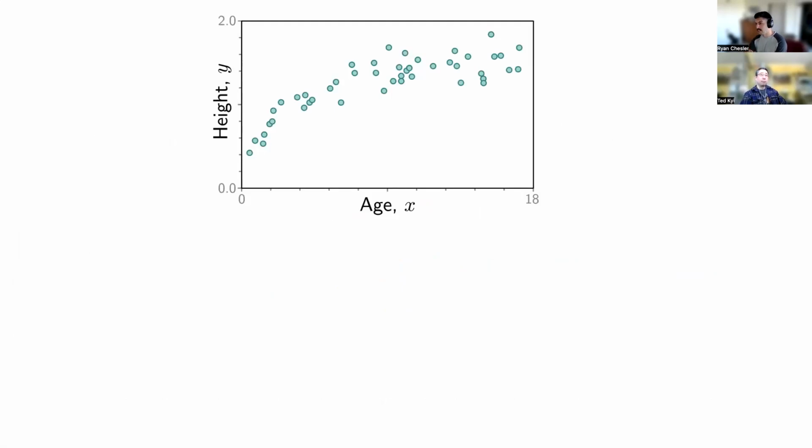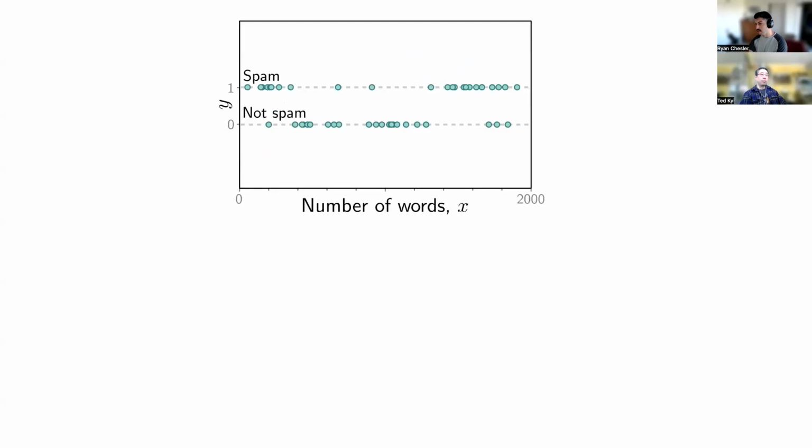Just imagine you're trying to predict height given some age, and you've got all of these data points, and you want to build some model in order to predict that pattern. Or you could do something like spam detection for email. You have the number of words, and you're trying to decide, is this spam or not?